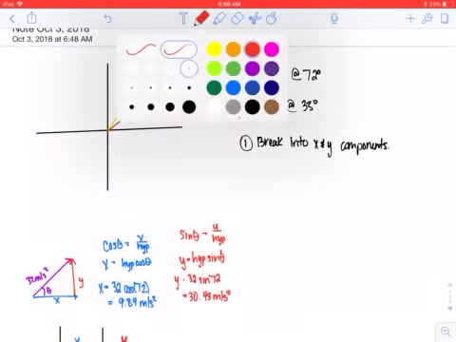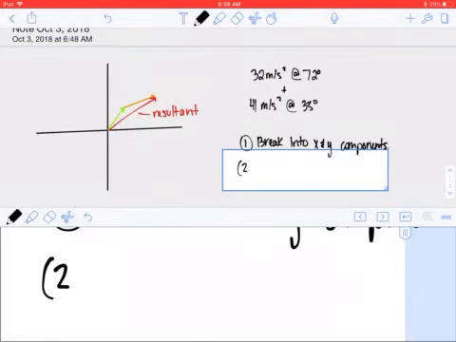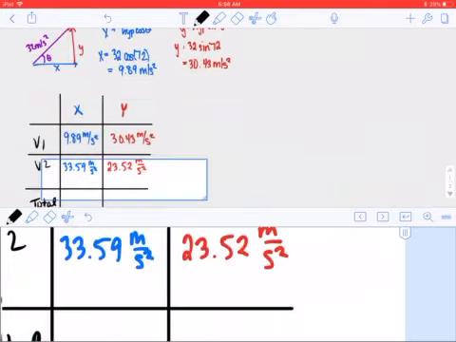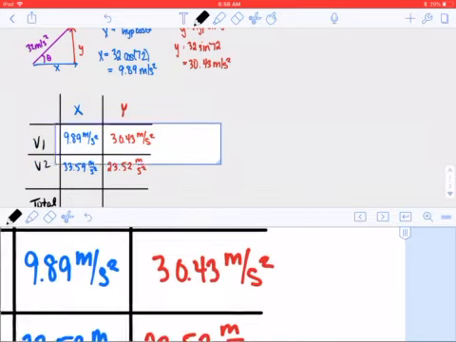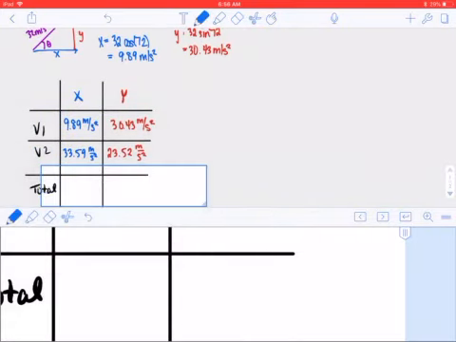Step number 2, what we're going to do is find the total x and y. Just like you think, you add up the whole x, you add up the whole y, and see what you get. So go ahead and pause and do this again.